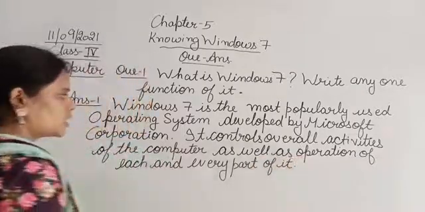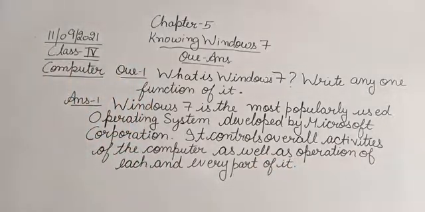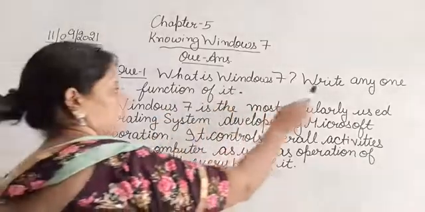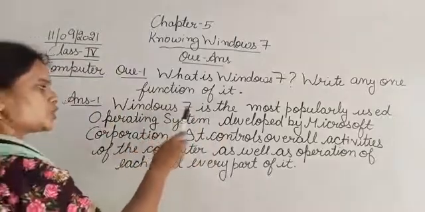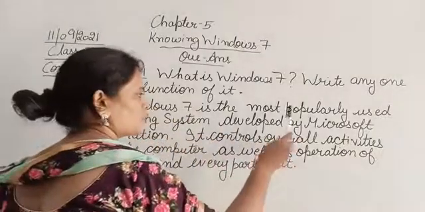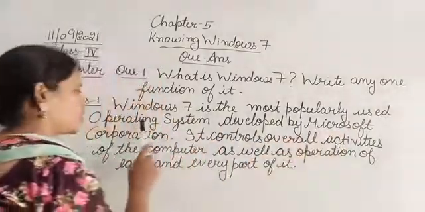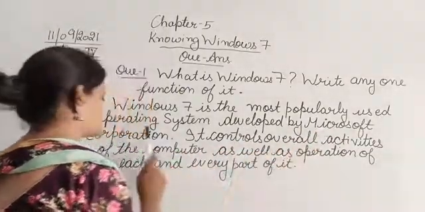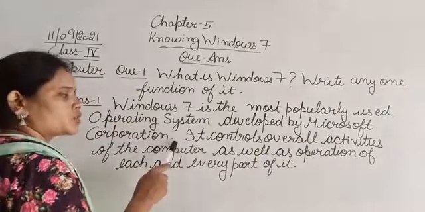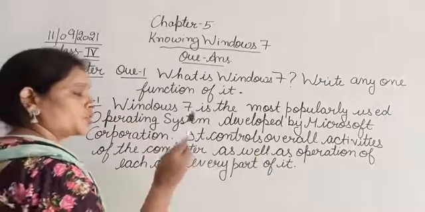So this is the meaning and the function of Windows 7. So what does Windows 7 do? I'm just repeating. What is Windows 7? Write any one function of it. Windows 7 is the most popularly used operating system developed by Microsoft Corporation. Full stop. So what is its function? ये क्या करता है?